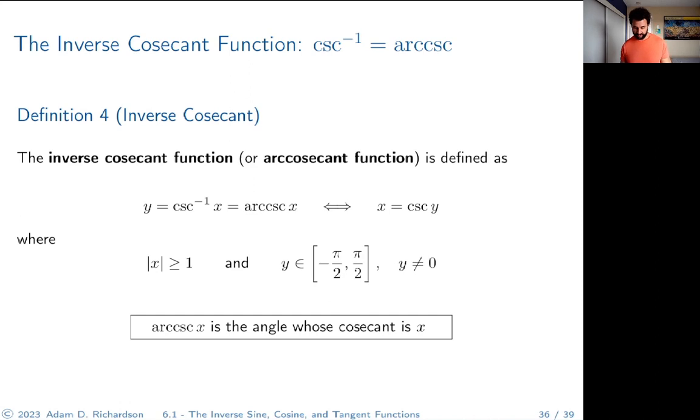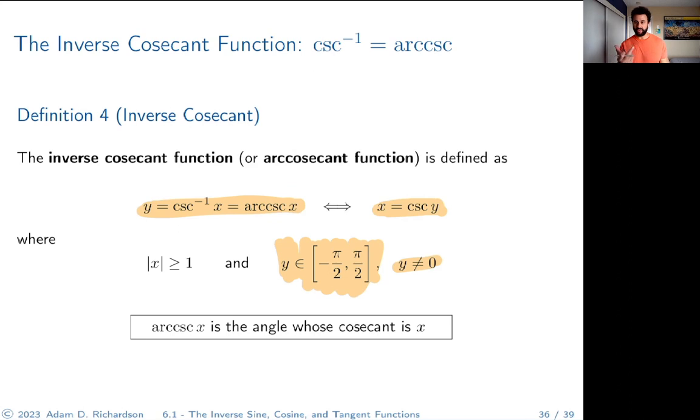The inverse cosecant function is defined as y equals arc cosecant of x if and only if x equals cosecant of y. Now, you just have to remember what the restriction is. Here is going to be our restricted domain for cosecant: negative pi over 2 to pi over 2, inclusive, but we're also going to cut out the point 0. That's because you can't take the cosecant of 0, since it's undefined.